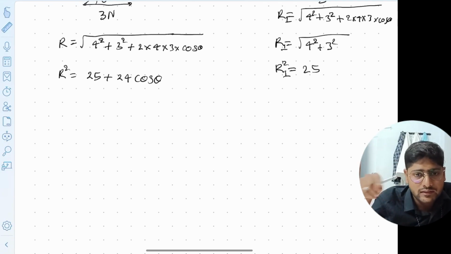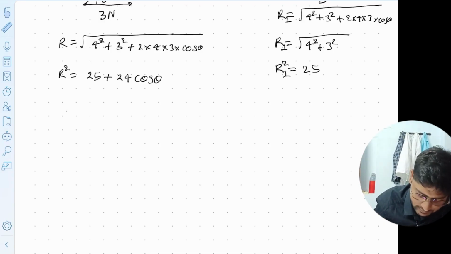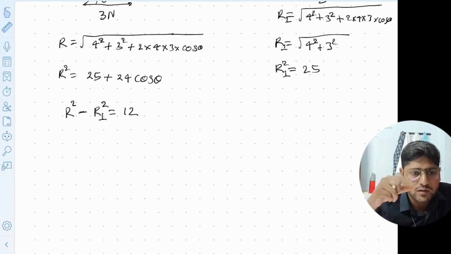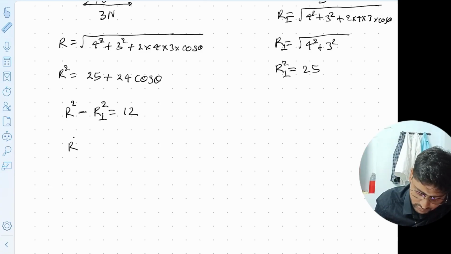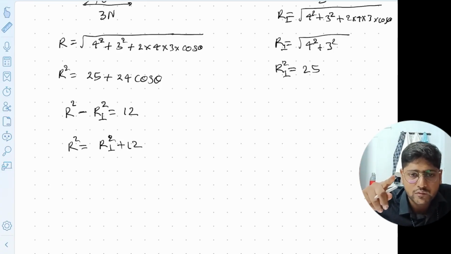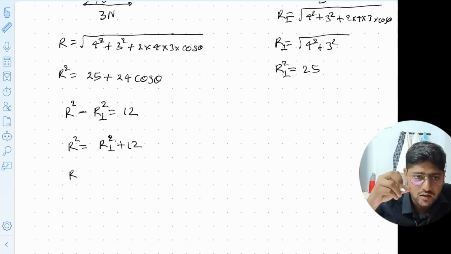It means if we subtract, R square minus R perpendicular square equals 12. So R square equals R perpendicular square plus 12, and R perpendicular square is 25. R square equals 25 plus 24 cos theta.